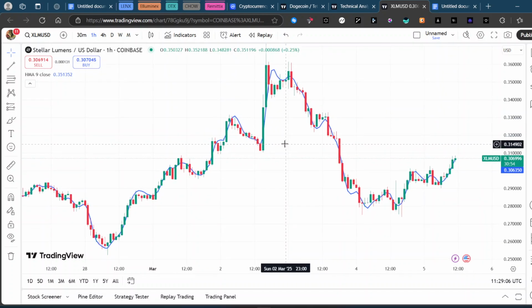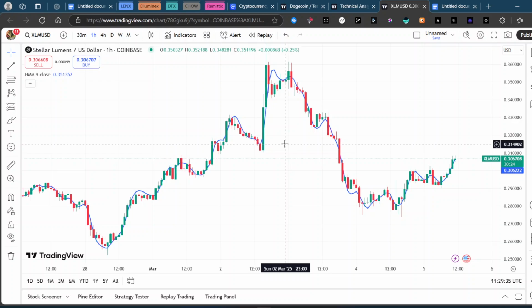Now, the SMA averages price data over a period, but it reacts slowly to price changes. The EMA gives more weight to recent prices, making it faster but still prone to whipsaws. However, the HMA, on the other hand, combines weighted moving averages to create a much smoother and faster trend line, reducing lag while keeping accuracy high.